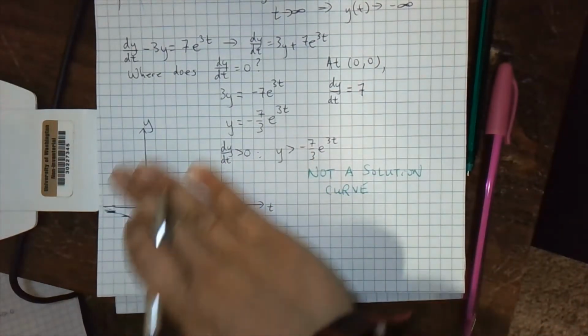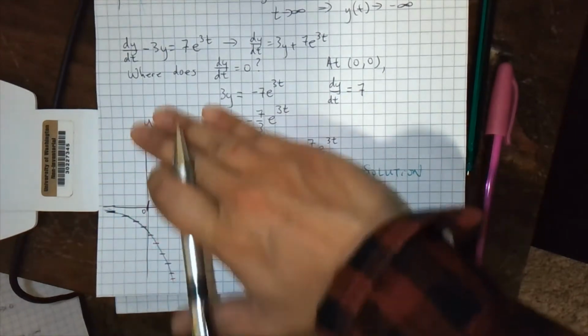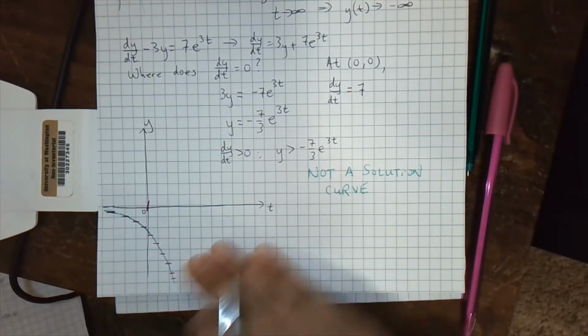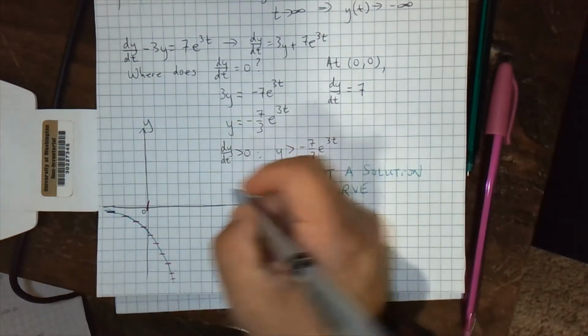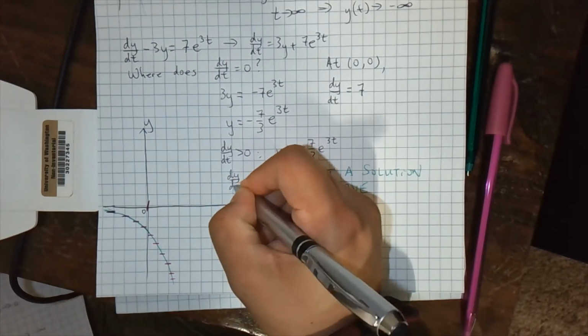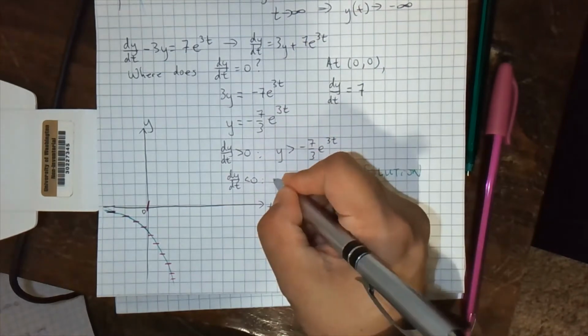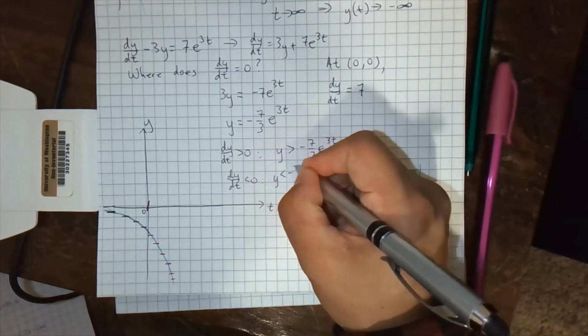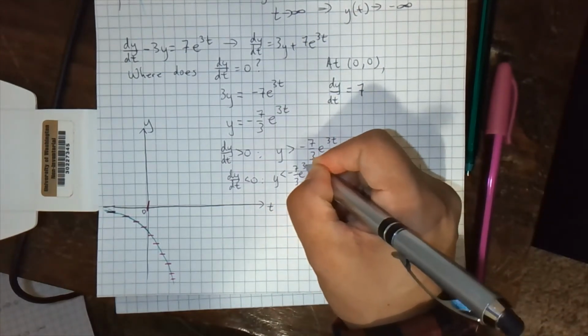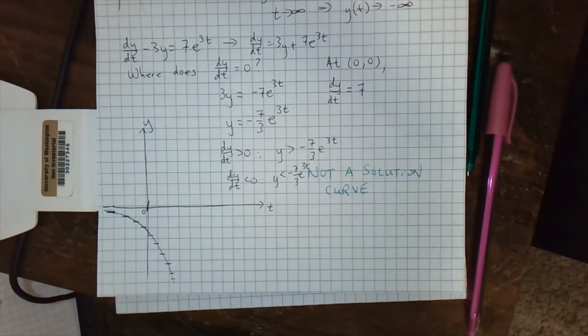So everything above that curve has positive slope. Everything below that curve, we can check this, has negative slope. Solve that. This thing is less than 0, so yes, y is going to be less than negative 7/3 e to the 3t. Everything below this has negative slope.